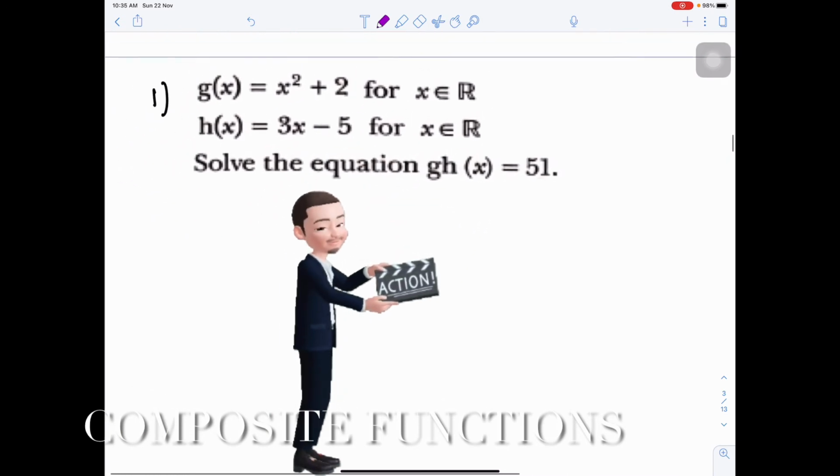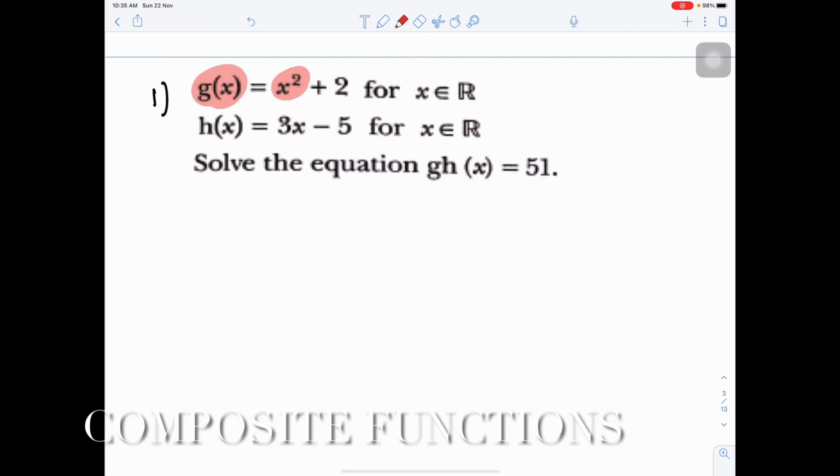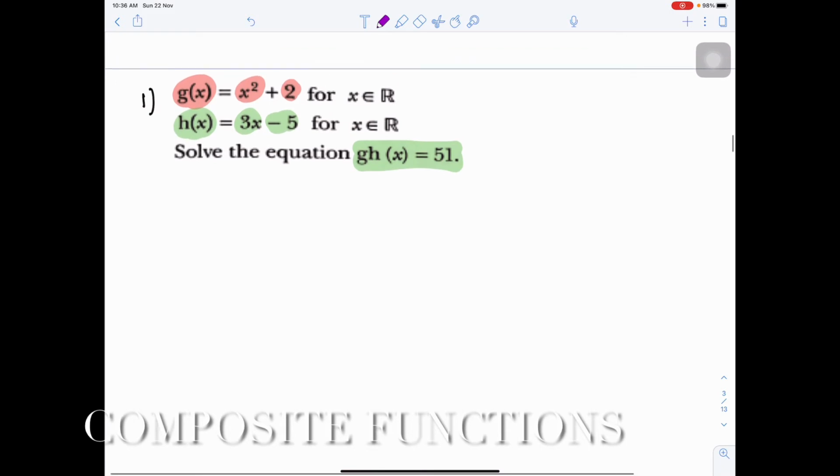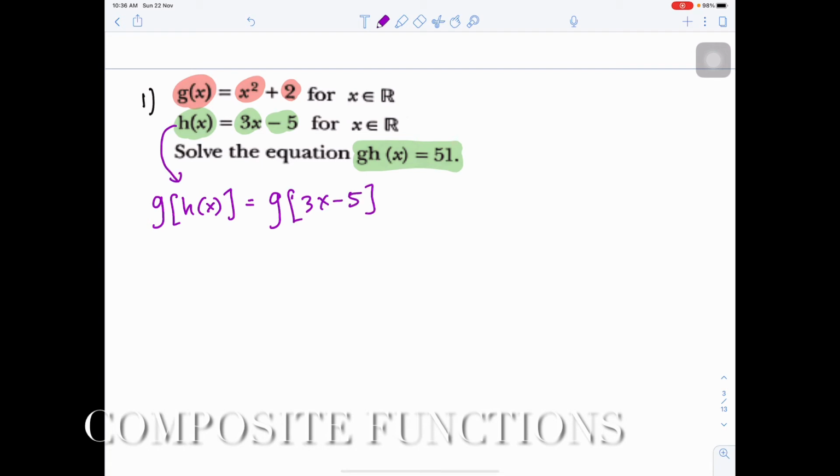This example shows how to solve an equation. It is given that g(x) equals x squared plus 2 and h(x) equals 3x minus 5. Solve the equation g(h(x)) equals 51. Let's discuss the example question. We know g(x) equals x squared plus 2, and h(x) equals 3x minus 5.